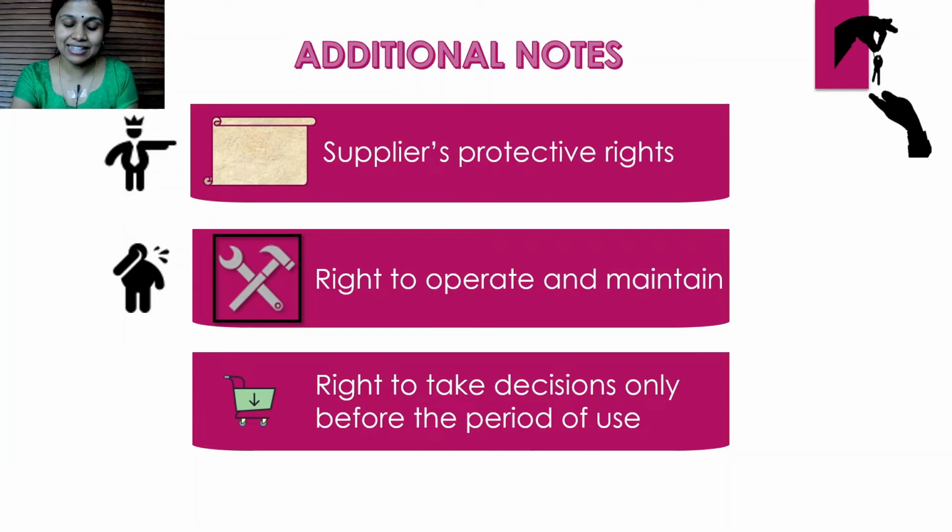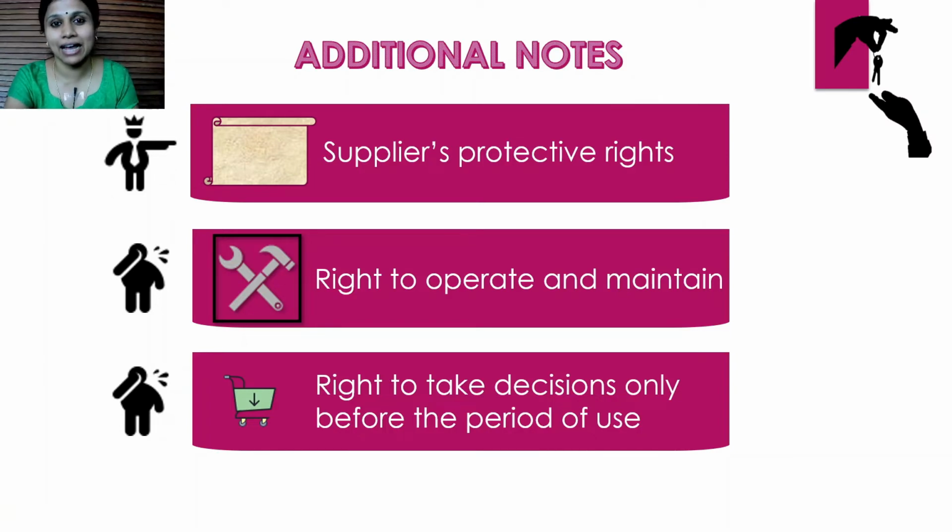No. In this case, his right is very similar to that of a purchaser of the goods. What the IFRS wants is that this customer should be able to take relevant decisions during the period of use. So, a customer who can take decisions only prior to the use of the asset is said to have no right to direct use.